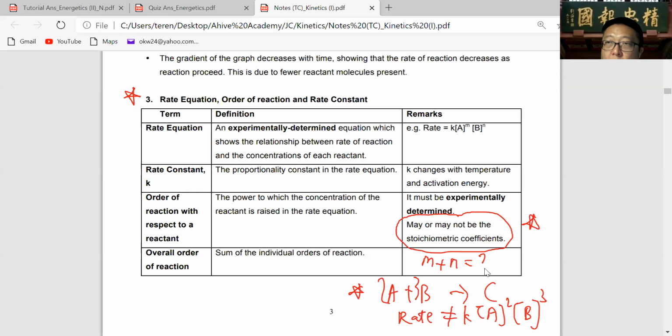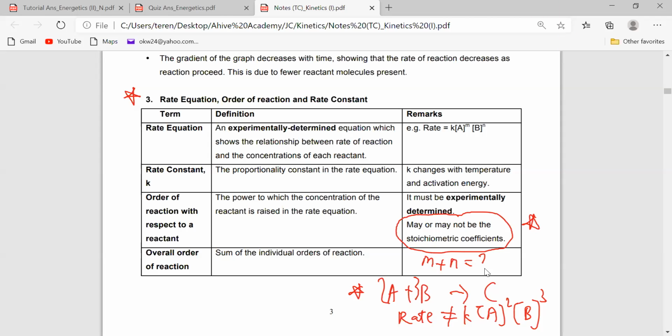So your K is always the same at 250 Kelvin. But if they increase the temperature to 290, 280, your K will change the magnitude. They will have to tell you what the change is, or they will ask you what will change. In an MCQ, they may ask, do you expect the K to be the same at 300 Kelvin? So you must remember your K will change with temperature.